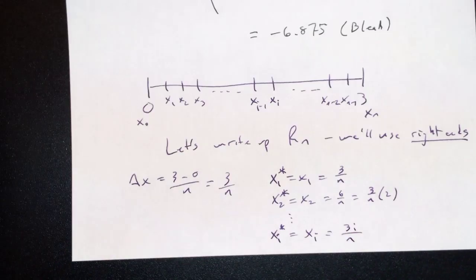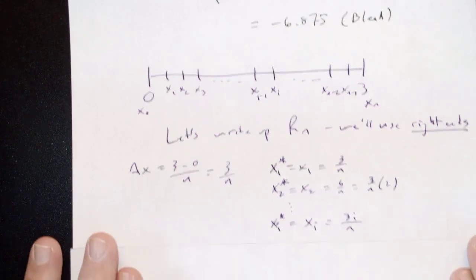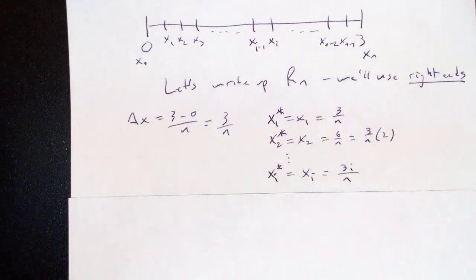Now, this is actually really, really useful to me. Because what I have now is an expression that tells me this for every single box all at once. f of xi star is f of 3i over n.